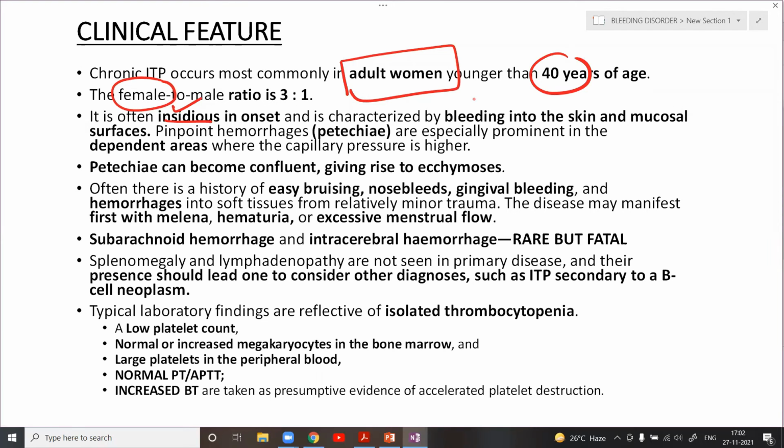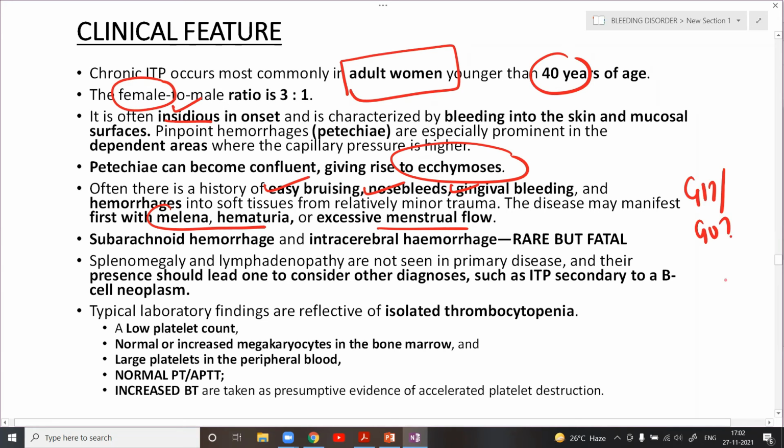Sometimes these bleedings can become more in the form of ecchymosis. So there will always be a history of easy bruising, nosebleed, epistaxis, gingival bleeding, melena, hematuria. Because I told you, whenever there is a problem with the platelets, there will be GIT or GUT bleeding.